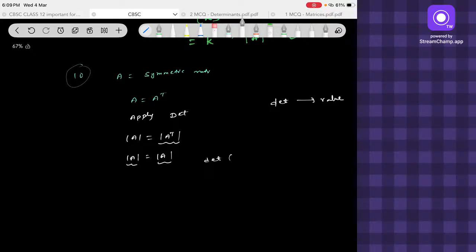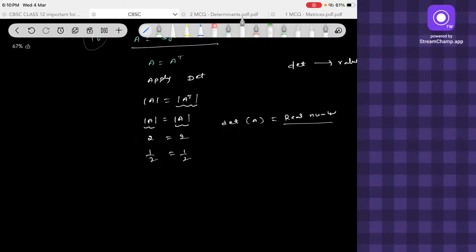If it is 2, it is also 2. If it is 1 by 2, it is also 1 by 2. That means if your matrix is a symmetric matrix, then the determinant is any real number, you should remember. Okay, if A is a skew-symmetric matrix, skew-symmetric.